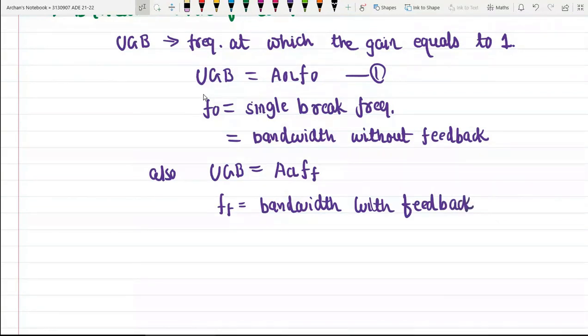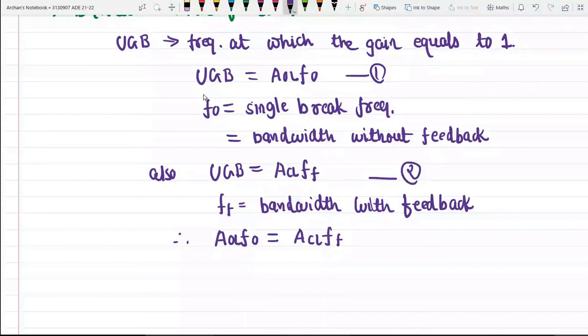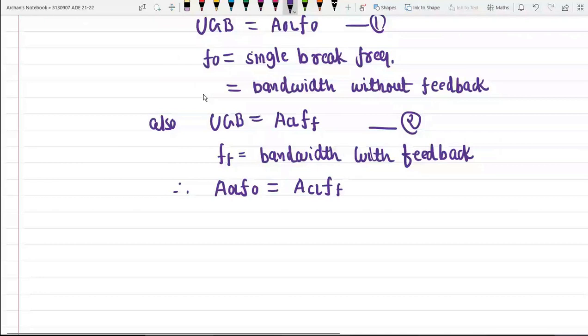So we can compare these two. Both are unity gain bandwidth, so one is equal to two. That is the reason we can write AOL times f0 is equal to ACL times ff. The closed loop voltage gain, whose equation we have already derived, is AOL divided by (1 plus AOL B).